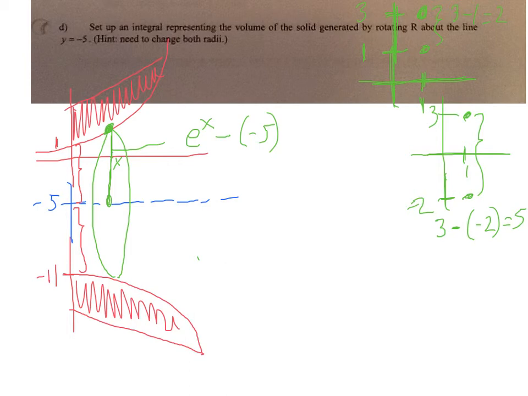So that's why I am indicating that the first radius, the smaller of the two radii, is e to the x minus -5, or e to the x plus 5.